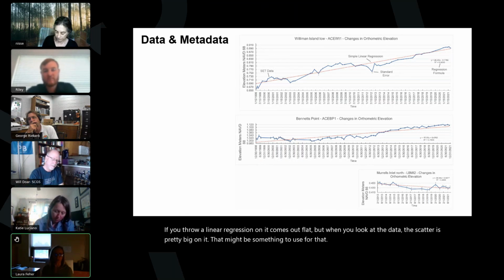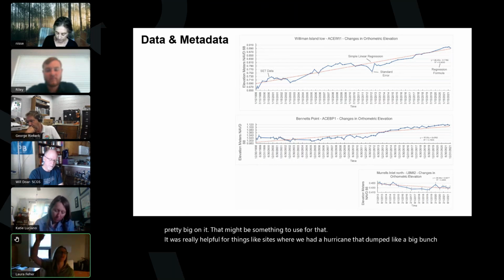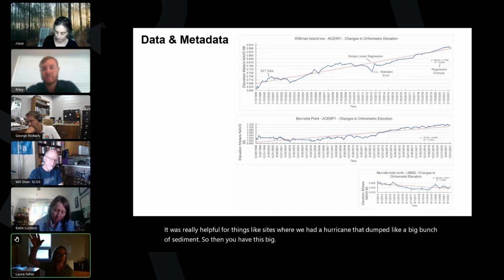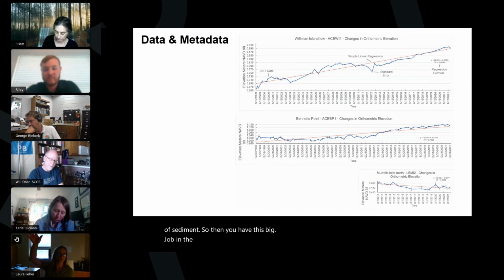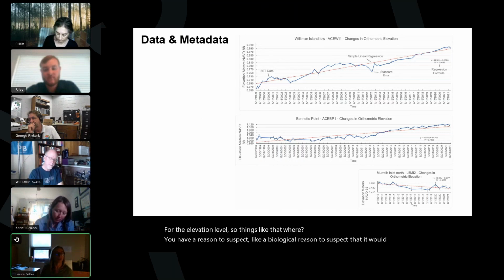It was really helpful for things like sites where we had a hurricane that dumped a big bunch of sediment, so then you had this big jump in the SET or the elevation level. So like things like that where you would have a biological reason to suspect that it would be nonlinear.